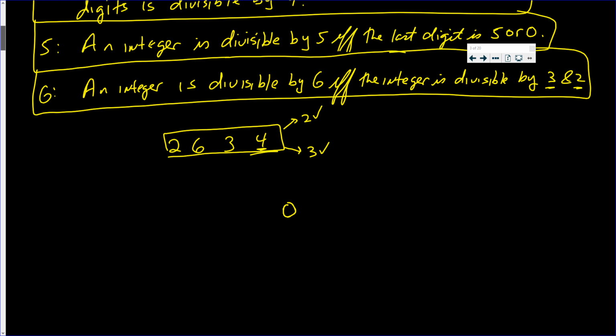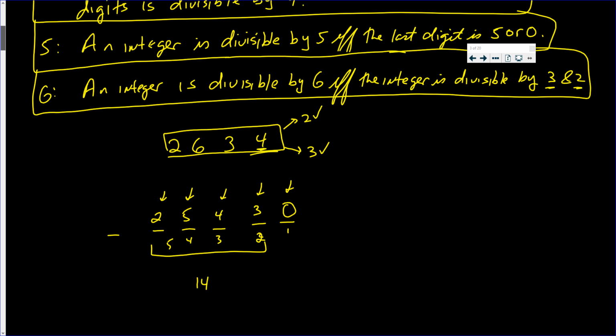I'll pick an even digit for the last number. Say you want a 6-digit number, 1, 2, 3, 4, 5. I can pick any numbers I want for these 4 digits, and then I add them up. 0 plus 3 is 3, plus 4 is 7, plus 5 is 12, plus 2 more is 14.